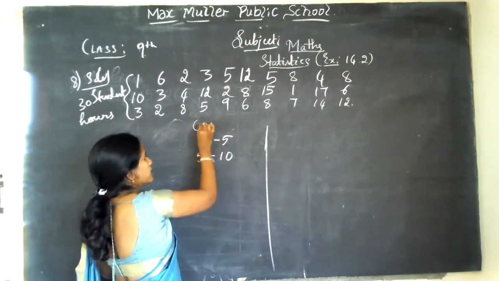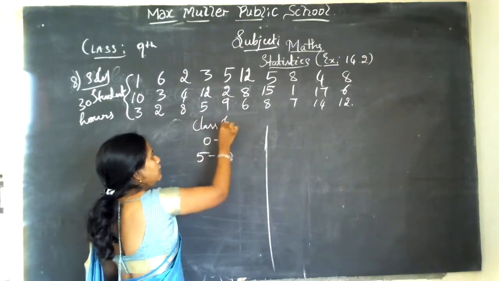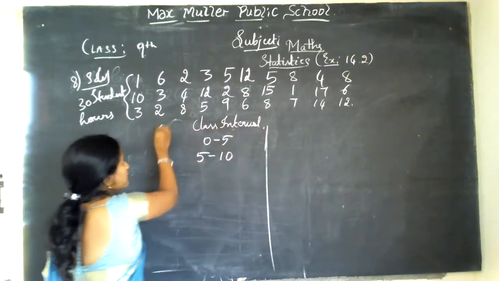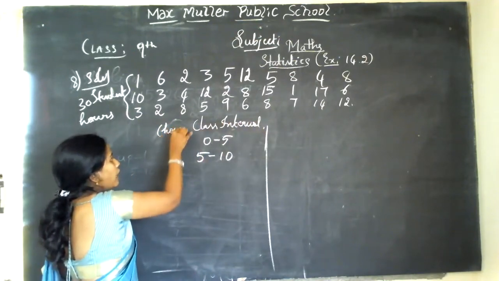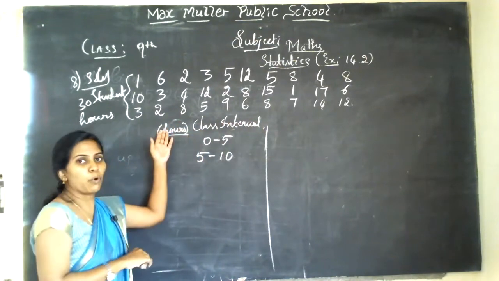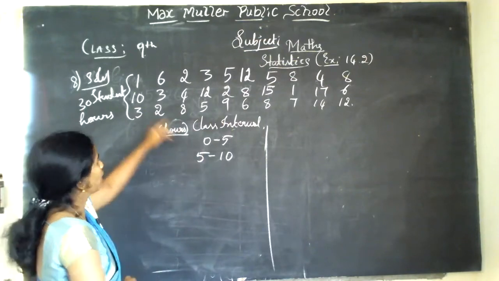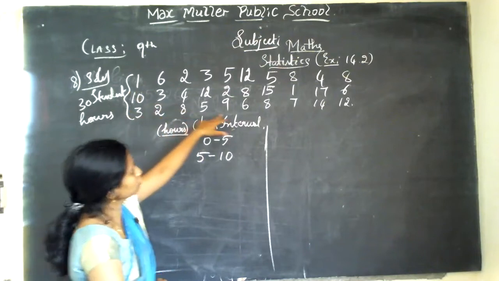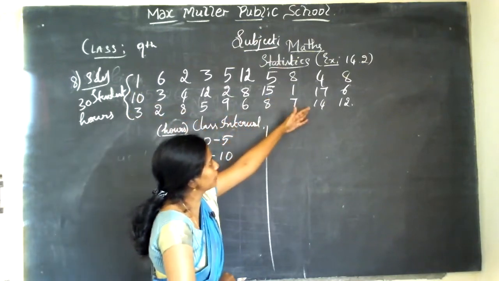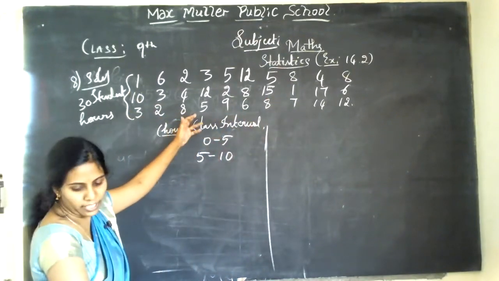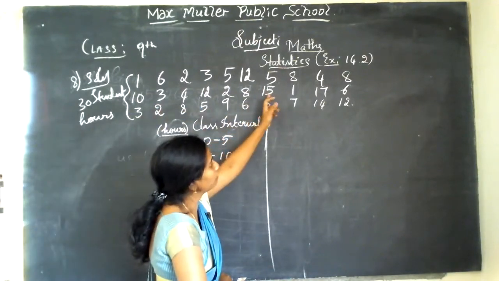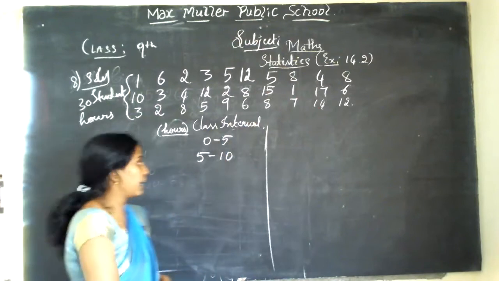So this is the class interval, and it is in hours, isn't it? The students watch the TV. Similarly, what is the greatest number when you observe? I think 15, 17, you have 17. So you can write up to 20.